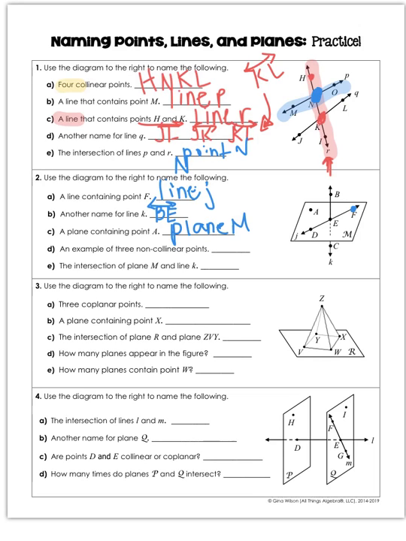Okay, next, an example of three non-collinear points. So this is a new vocabulary word for some of you. Non-collinear, not on the same line. So I need to look over here and find 3 points that are not on the same line. If I said D, E, F, I couldn't use those because those are collinear. They all lie on the same line.